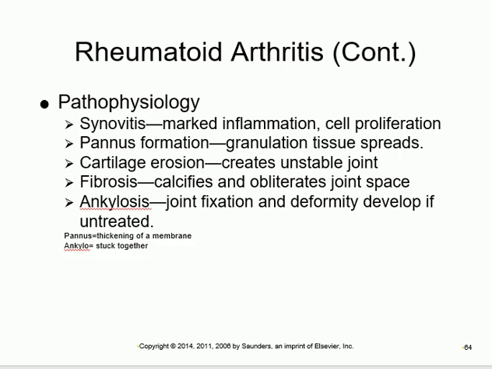Okay? What will happen in the joints? First of all, it will affect small joints. And this is completely different from osteoarthritis. Right? I told you to remember that osteoarthritis affects large weight-bearing joints. This, small joints. Okay? And there will be some synovitis, like the synovial membrane will be affected, but there is something called pannus.